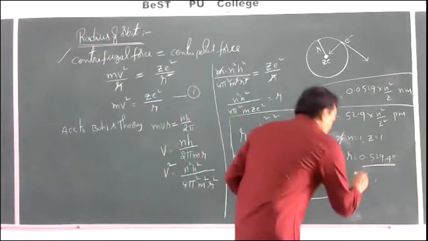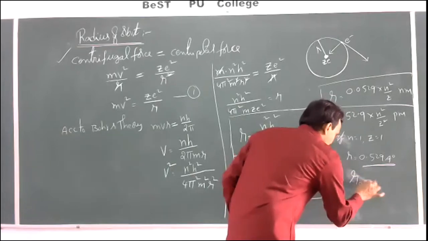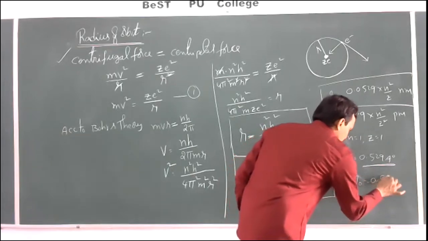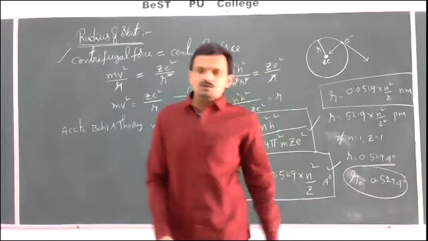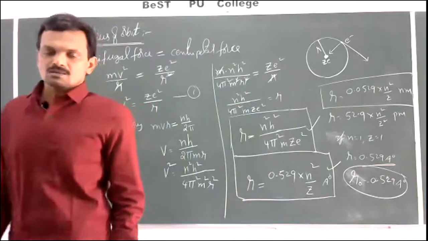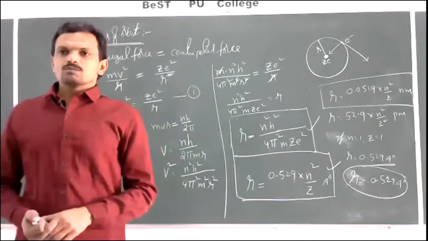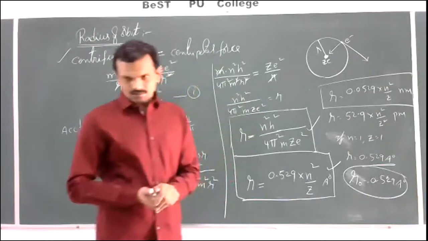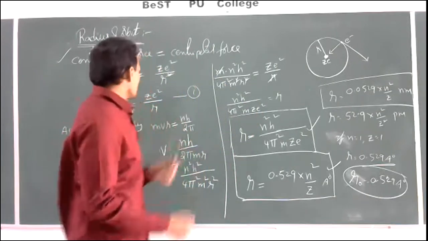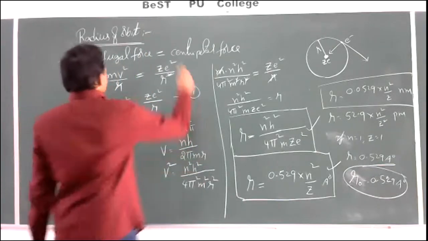Therefore R naught is equal to 0.529 angstroms, which is called Bohr's radius, the radius of the first orbit of hydrogen.